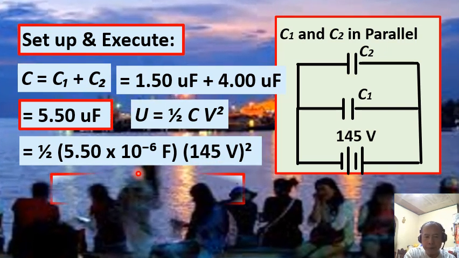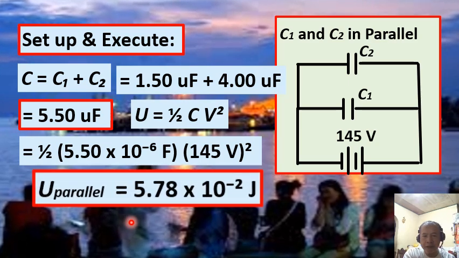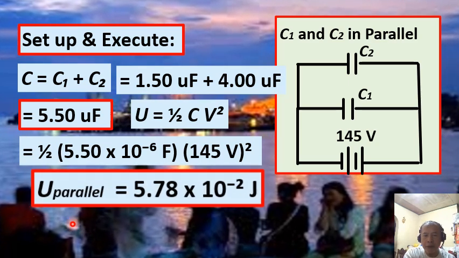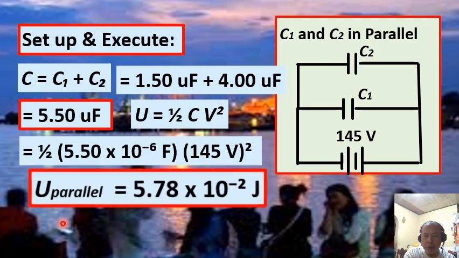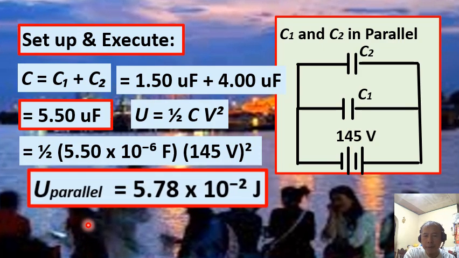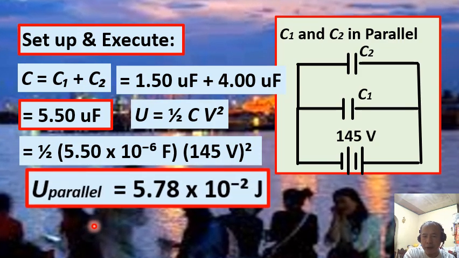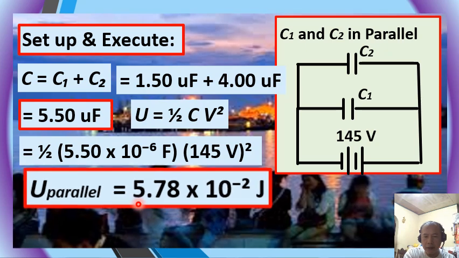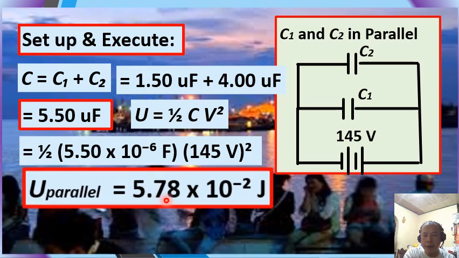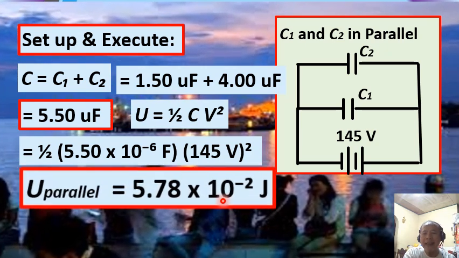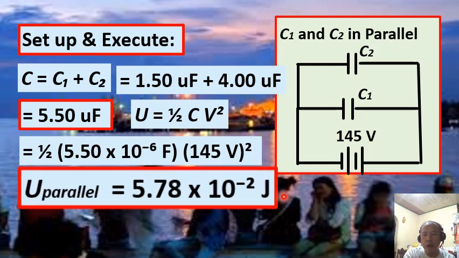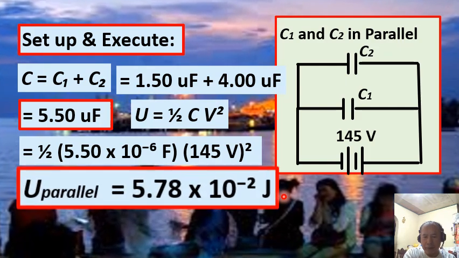That gives us the value of capital U, when the capacitors are connected in parallel, equal to 5.78 raised to the negative 2 joules, also rounded to 3 significant figures.